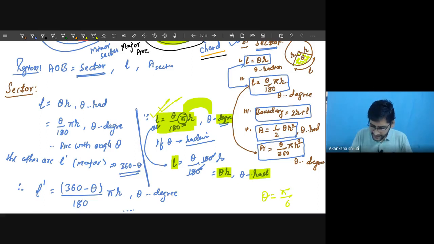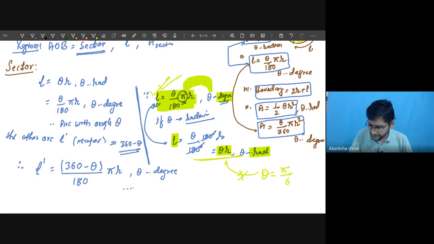Either you use the second formula directly, or if you are not in the habit of using it, you first convert pi by 6 into degrees. How? Substitute pi equals 180, so 180 by 6 becomes 30 degree. So for this 30 degree you shall use this formula. So these two are the same, just the formula gets adjusted.